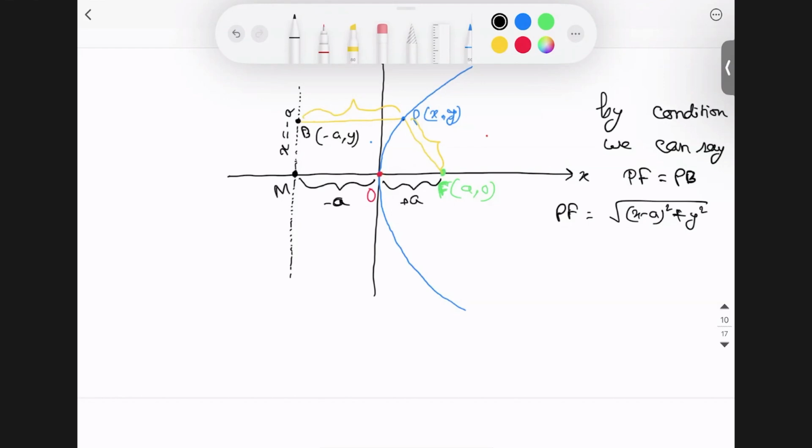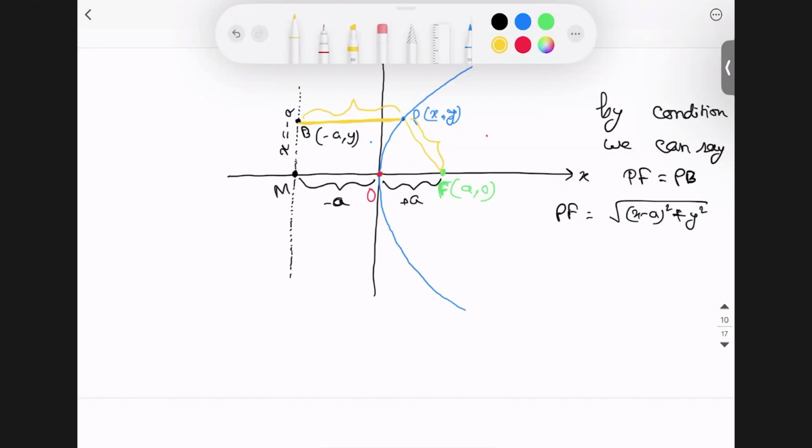So the y coordinate will not change. That is, this line should be parallel to the x-axis. Therefore, the y coordinate will not get changed. So the coordinate of B should be (minus a, y).